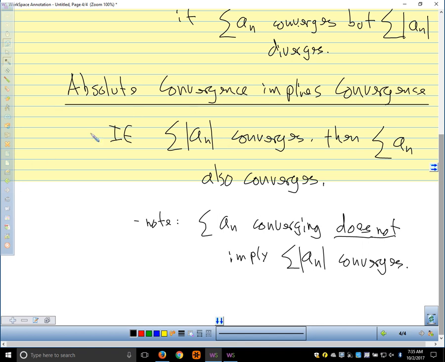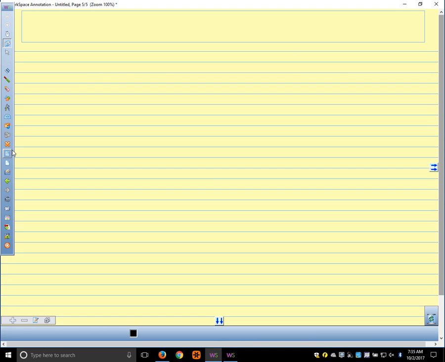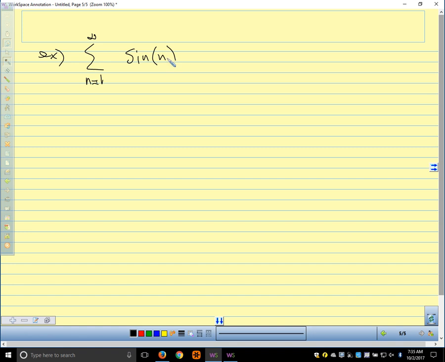All right, so let's look at an example of this, and then I want to show you an interesting thing that happens with conditionally convergent series. So if we had something like the sum from n equals 1 to infinity of sine n over n squared, this is sine of 1 plus sine of 2 over 4 plus sine of 3 over 9 plus dot, dot, dot.